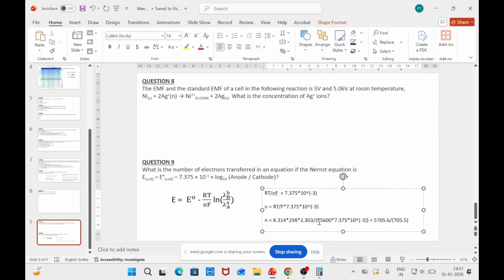If you take again, since the Faraday's exact value is 96500, there is a small change, so 8.